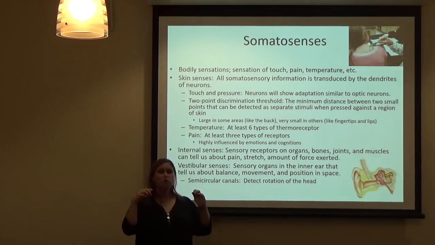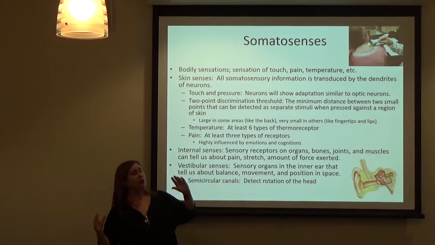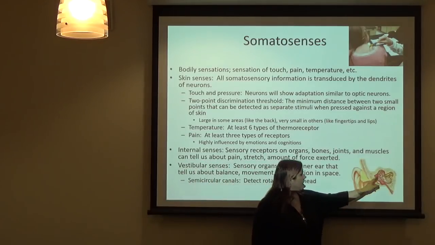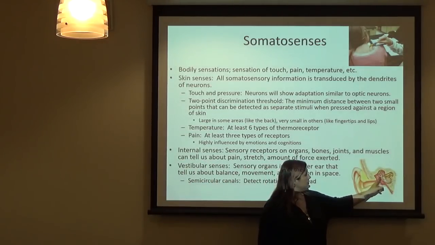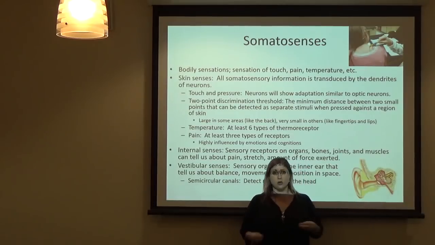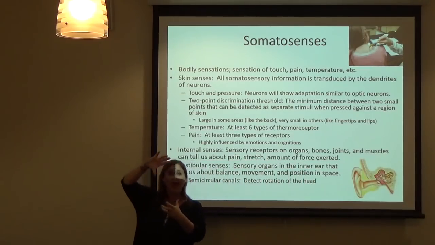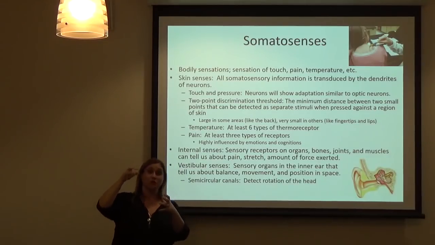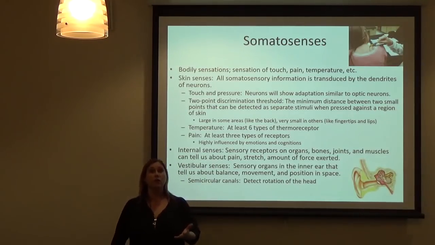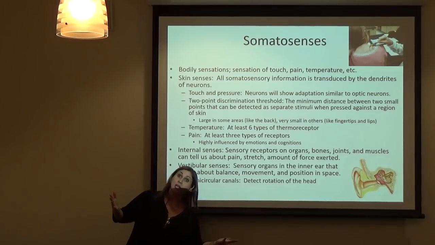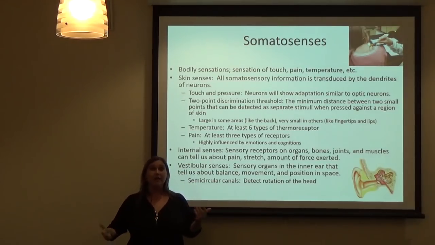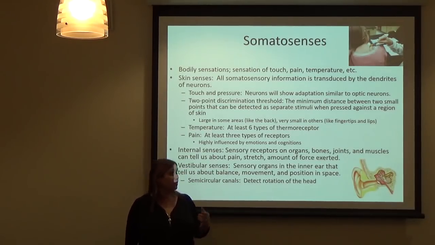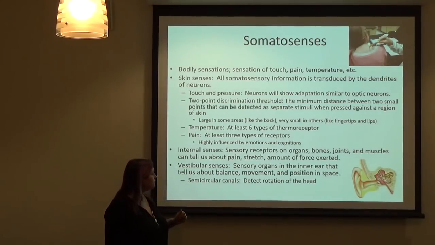When you move in space, those three semicircular canals compare information about which receptors are being activated, and it tells you, am I right side up or upside down? Am I on my side? That kind of information your vestibular system tells you.